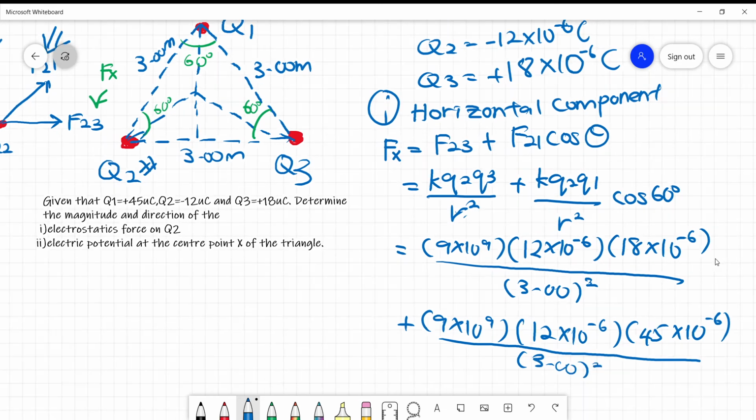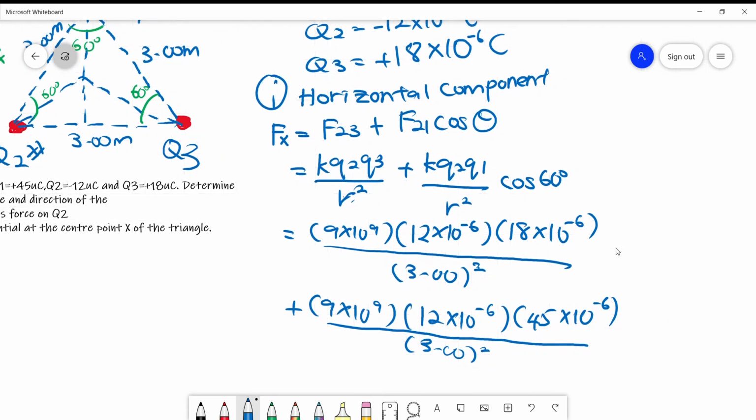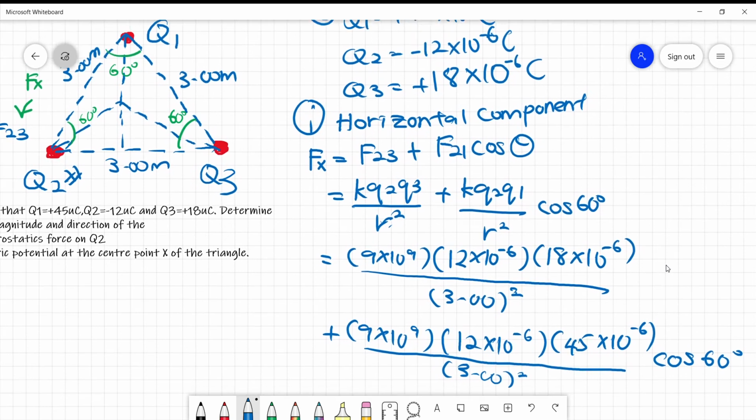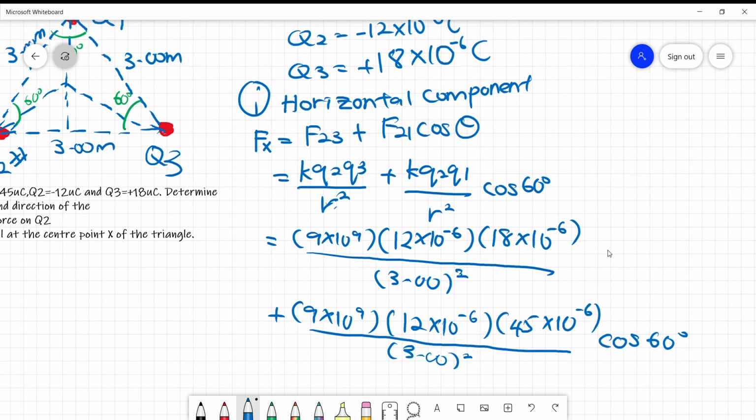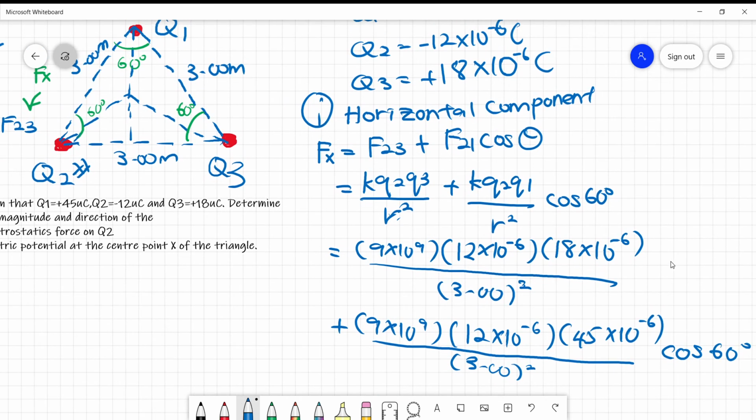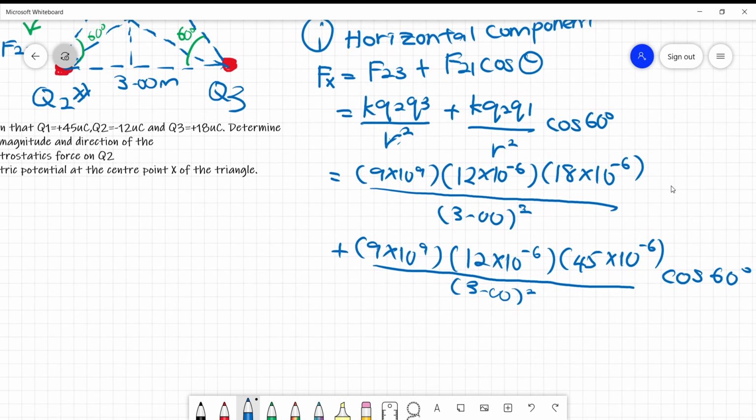So here what we need to add is actually cos 60 degrees. So because the one that we need is actually the horizontal component for F21.